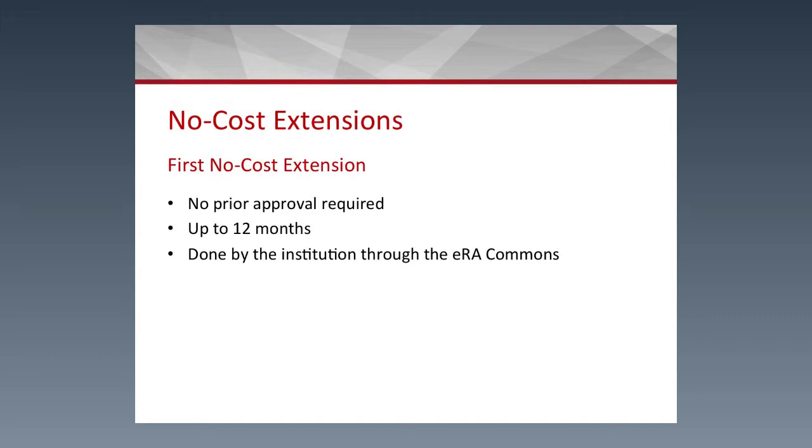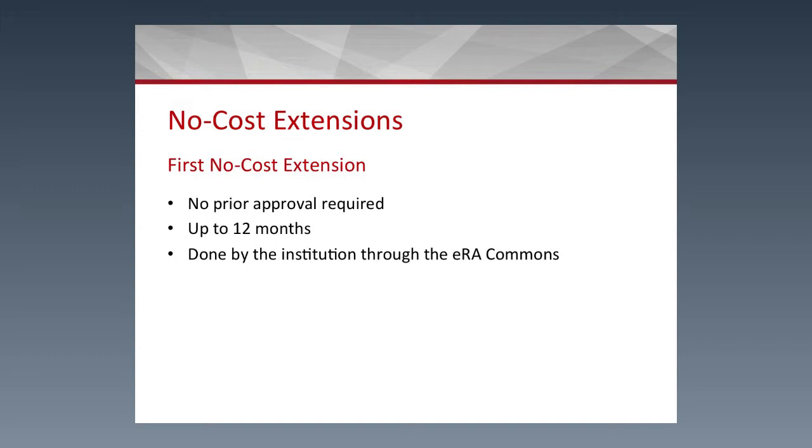So at the end of that project period, you may resubmit an application for a continuation of the award, but again, if you need additional time, you can request a no-cost extension. In the first phase, the first no-cost extension does not require prior approval, so it would be a notification that you're going to extend for up to 12 months.